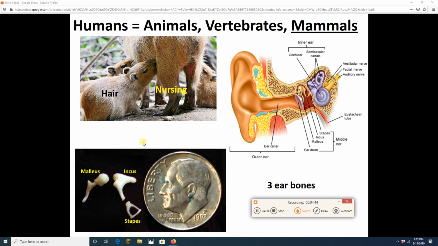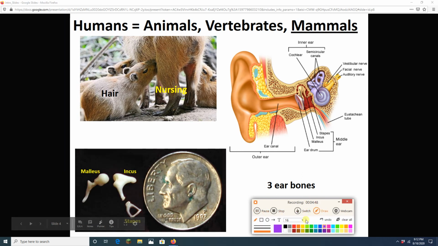Also, we have 3 ear bones. Our ear bones are located in our middle ear. We have 3 middle ear bones. You might be wondering where your middle ear is. Your middle ear is between your outer and your inner ear.